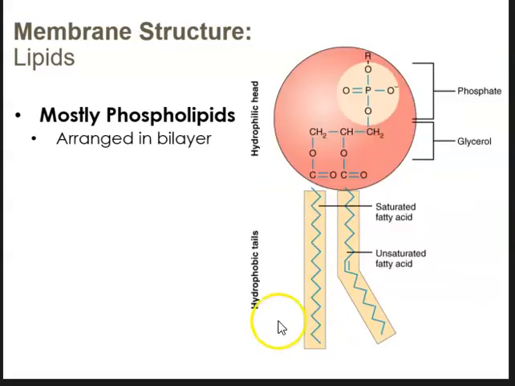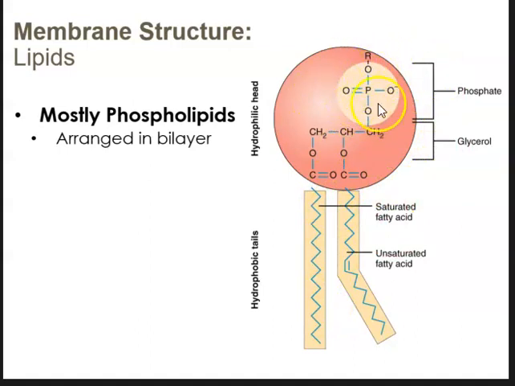And here we can see the different components of the phospholipid. We can see that the basic structure of lipids includes glycerol and fatty acids. So phospholipids do have that glycerol and the fatty acids, but attached to the glycerol is a phosphate group, which makes it a phospholipid.